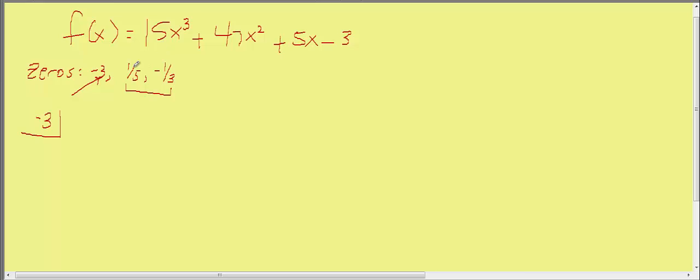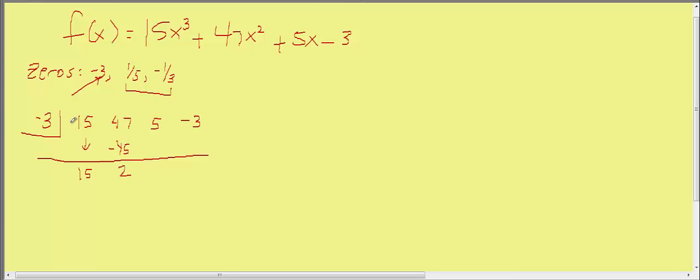So if I put in my coefficients, I'll have 15, 47, 5, and -3. I'm going to draw a line here. Now, there are definitely different ways to set these up, but I'm going to set it up this way because that's how I learned it. You drop this first term, you have -3 times 15 gives you -45.